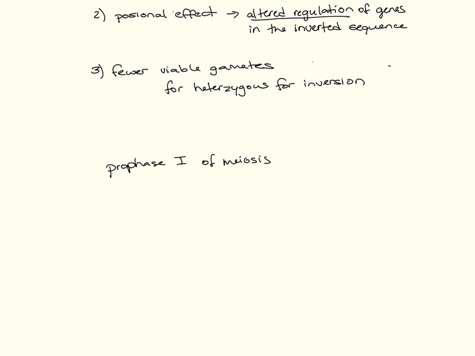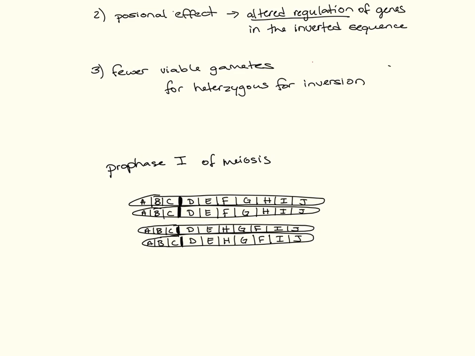So I'm just going to draw that out here. So here would be our two homologous chromosomes. One of them has the inversion. So remember that before entering meiosis, the cell undergoes DNA replication. So I've drawn here the two sister chromatids for each of these chromosomes. And then during prophase 1, they're going to pair up where they have similar sequences.